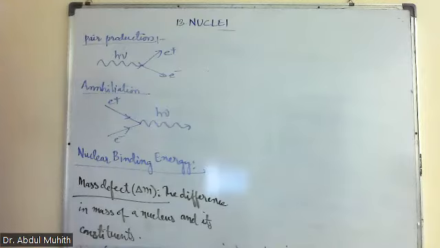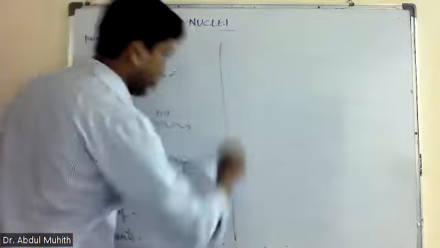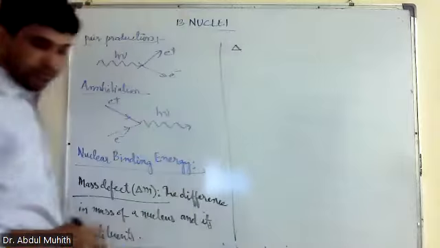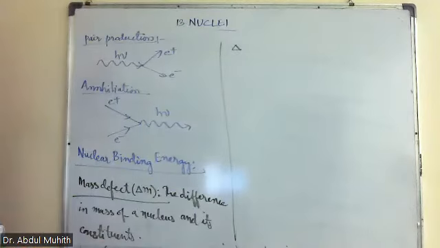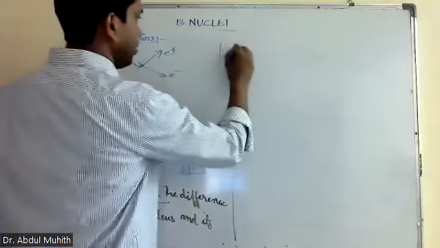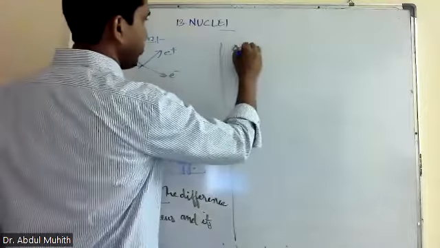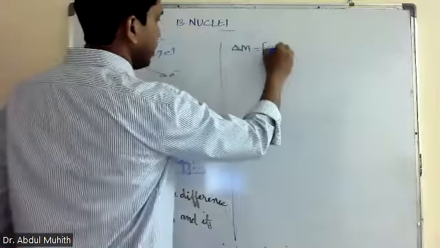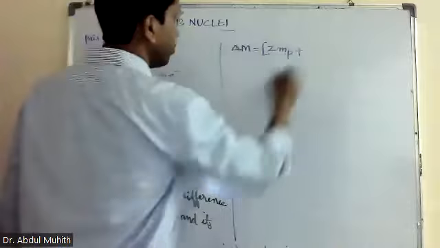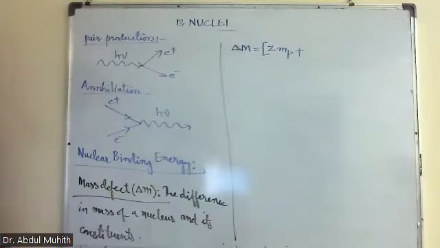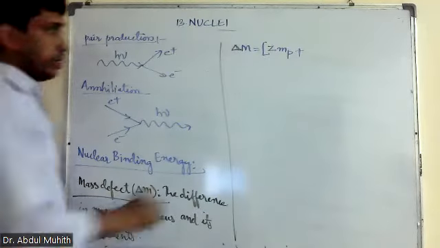So what is the formula here? We will first calculate delta M. Delta M is equal to Z into Mp, that means number of protons into the mass of the proton, plus number of neutrons.